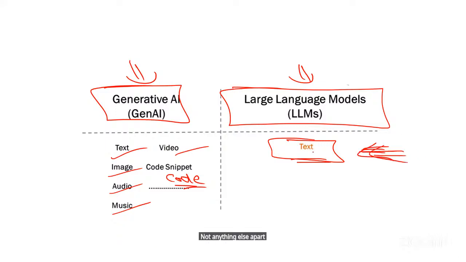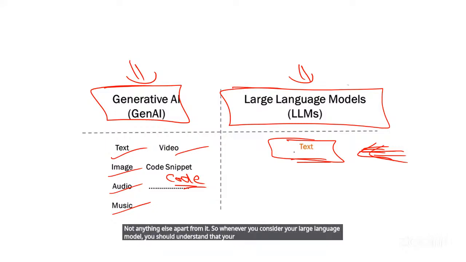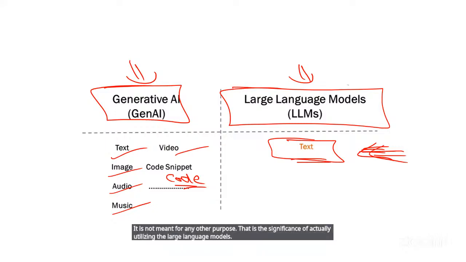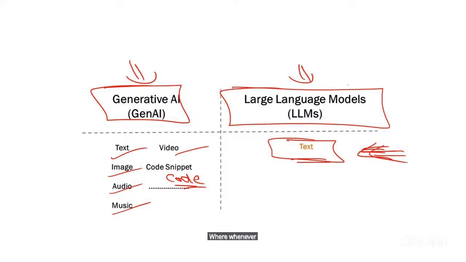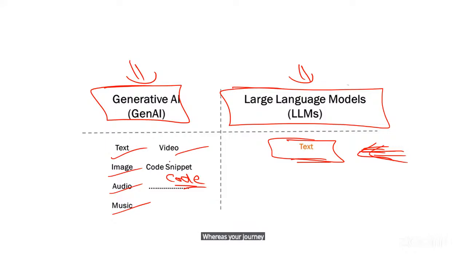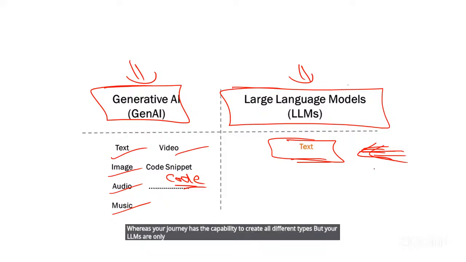That is the significance of using large language models: they only give you text content. Whereas Gen AI can create all different types, LLMs are only capable of creating text in a great manner.